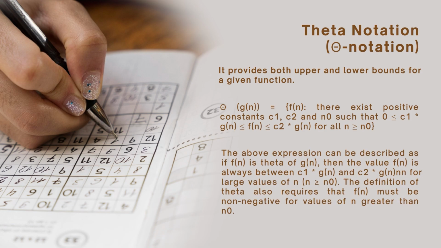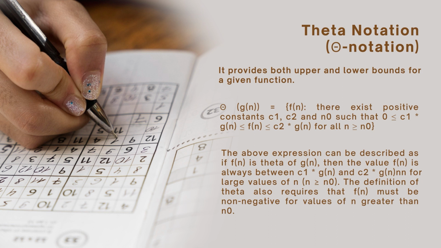So if f(n) is theta of g(n), then the value of f(n) is always between c1 times g(n) and c2 times g(n) for large values of n, obviously n greater than n naught.